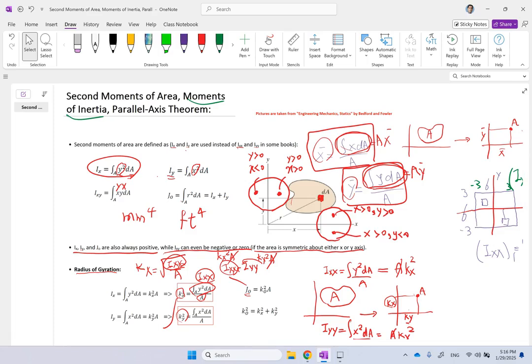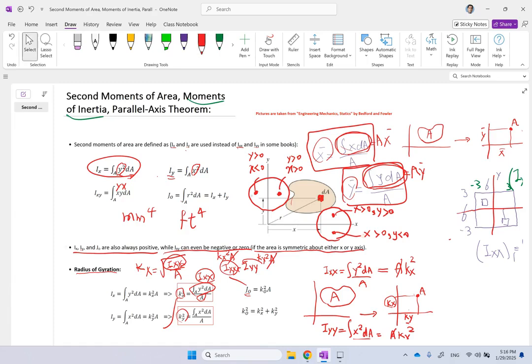Now there is a separate topic which is called principal axes, and that is the axis with respect to which the moments are maximum. And that is when you can rotate these axes and move them. So if I rotate these axes, my numbers are going to change, and the question is at what angle these moments are going to be maximum.